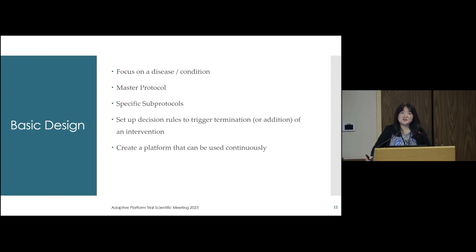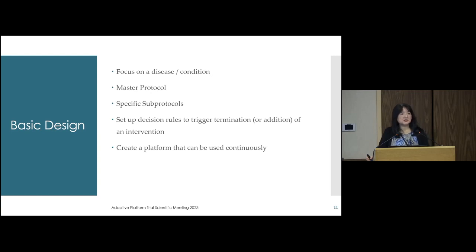Let me talk a little bit about the basic design. You focus on the disease or condition. You make a master protocol, figuring out who you're including, what kind of outcomes you're gathering, and some potential interventions.